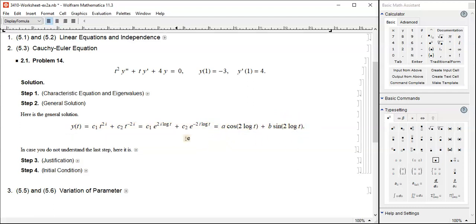Or maybe, let's see, e to the a plus bi power is the same as e to the a power times e to the bi power, and this is the same as e to the a power times cosine of b plus i sine of b. I'm forgetting the complex number i there.